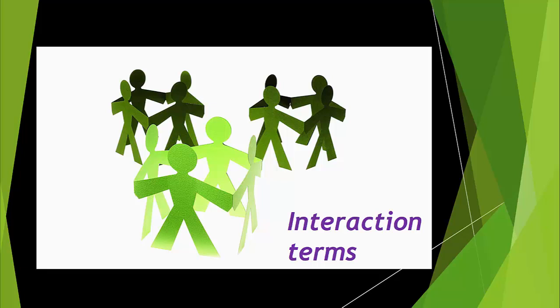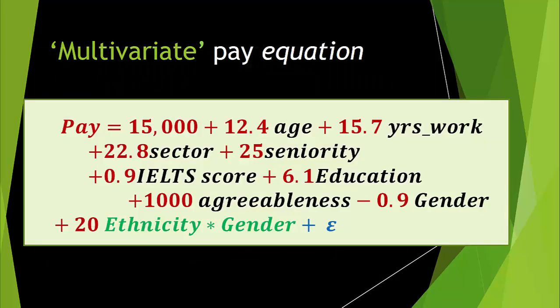For example, it might be that being female or a person of colour may not individually mean your pay is particularly low, but if you happen to be both, then together this has an adverse effect on your subsequent pay. We can see such an interaction term here in green, where ethnicity star gender, meaning the variable ethnicity times the variable gender, is the interaction term.